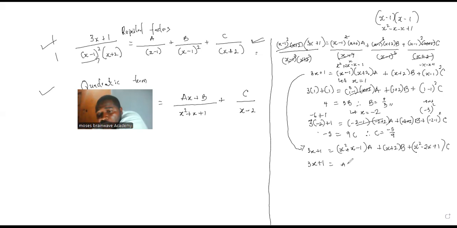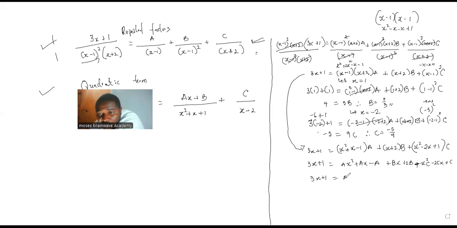So we have 3x plus 1 is equal to, we can multiply. We have x squared a plus ax minus 2a. Here we're going to have plus bx plus 2b. While here we're going to have cx squared, this plus minus 2cx then plus c. Now collect the terms together using the powers of x.